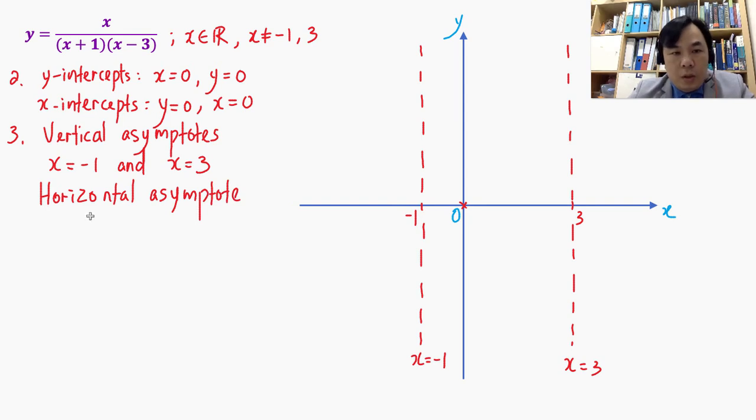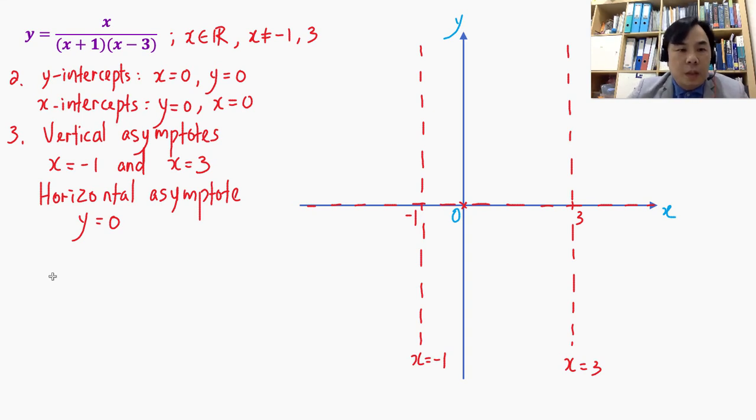For these conditions, y is always equal to 0. So this is also one of its asymptotes. And there you have it.